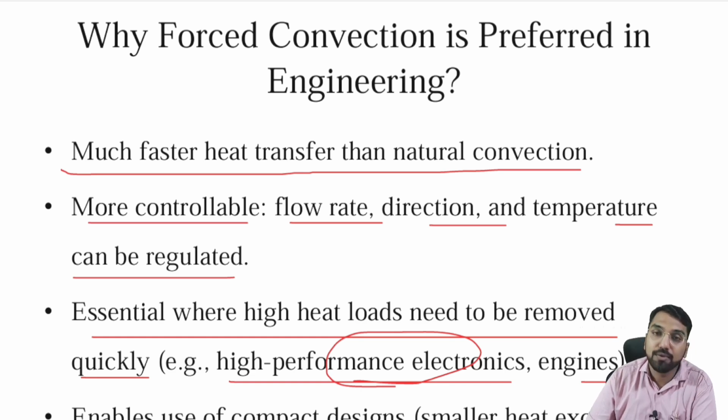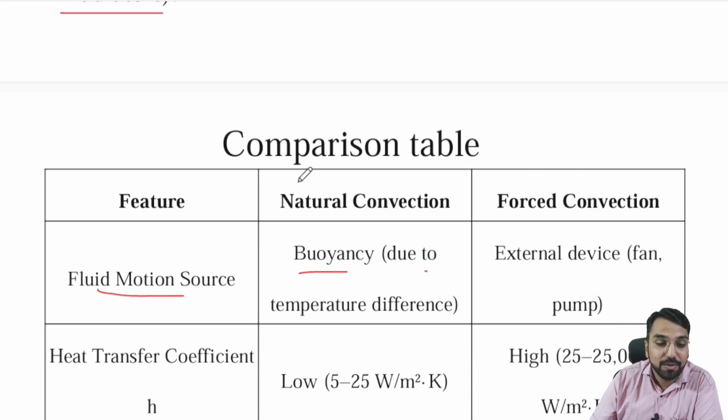Likewise, take the example of your laptop. Liquid cooled technology is also used now, and that liquid cooling also uses external devices like small fans or blowers to blow air, so that the heat transfer rate will be more.